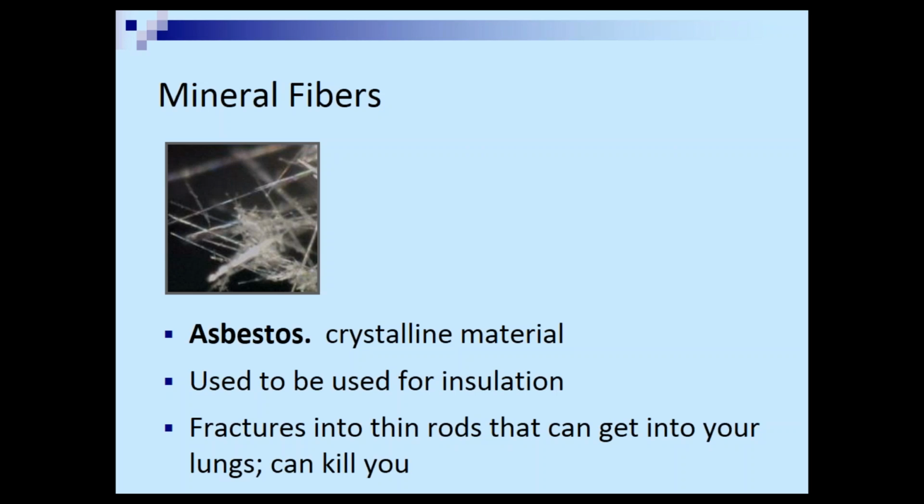Now, it says there in the last bullet, which I think is kind of interesting, because a lot of things that cause cancer, you think it's like a toxic chemical, a carcinogenic chemical, and that's a reason why it causes cancer. Asbestos, the mechanism is a little bit different. It's really the shape and the size of the fibers that causes so much trouble. We breathe in dust all the time.